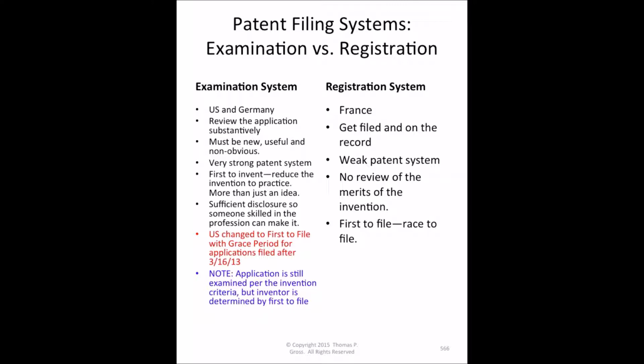The key difference is that under the examination system, the patent office will examine the substantive provisions of the patent. In other words, they will look specifically at what is being claimed as the invention and decide whether that is patentable or not based on the prior art that already exists.